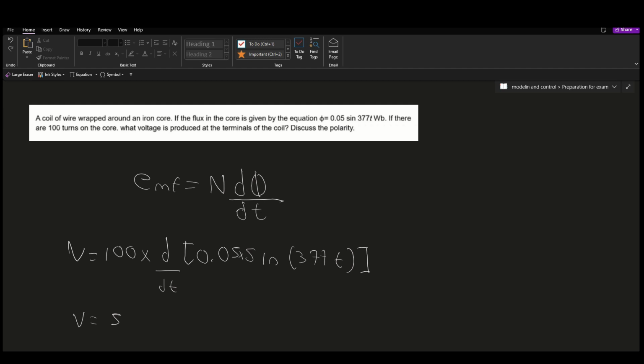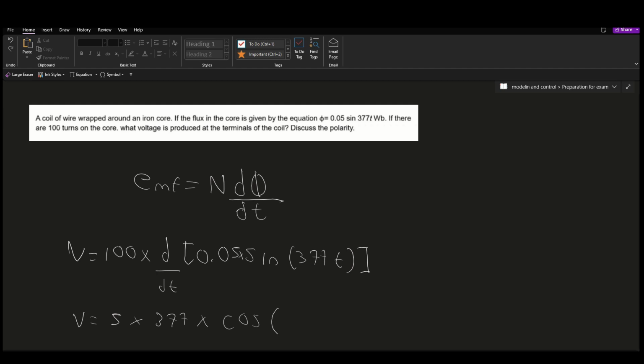So the derivative of the inside will be just 377, times the derivative of the outside, that will be cos.